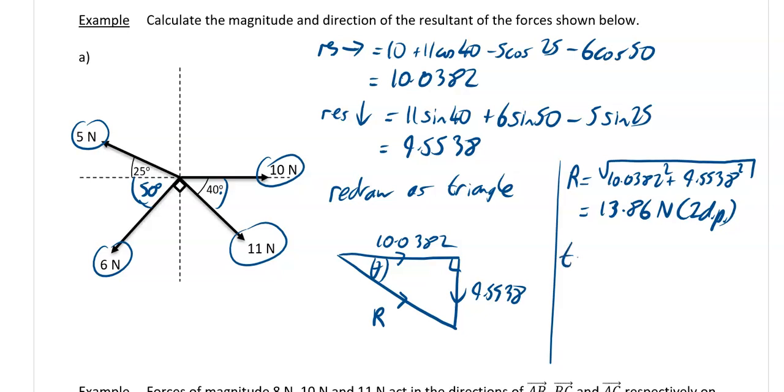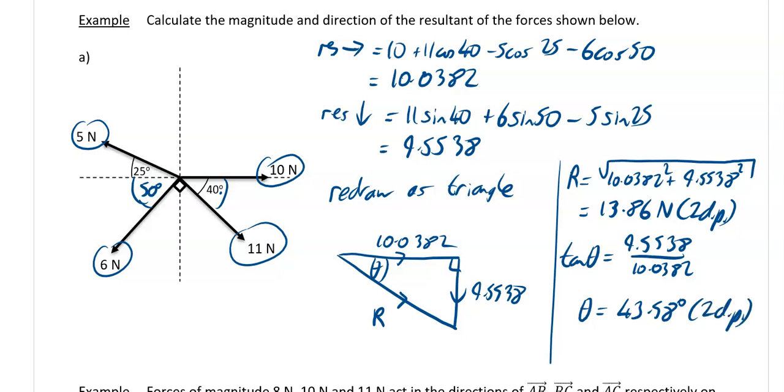Likewise, you can use your tan. Tan theta, remember, is opposite over adjacent, so tan theta is equal to 9.5538 divided by 10.0382. Do tan to the minus 1 of that, and you will get 43.58 degrees, again to 2 decimal places.